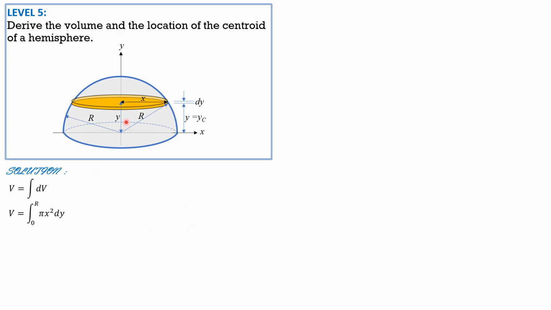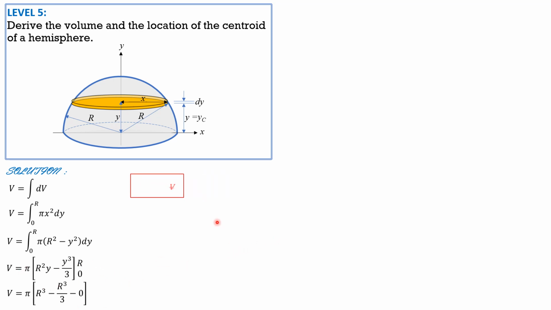Since x squared is big R squared minus y squared, and pi is constant, if we integrate, we have pi outside, the quantity R squared dy, so R squared y minus y cubed over 3, from 0 to R. So we have volume equals pi times the quantity R cubed minus R cubed over 3, minus substituting lower limit 0. So this is 2/3, so volume is 2/3 pi R cubed for a hemisphere.